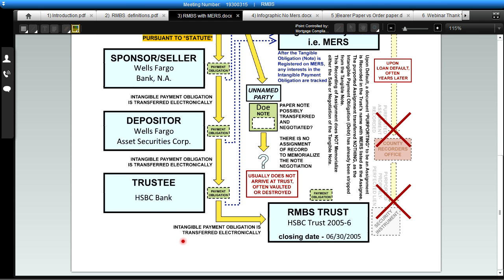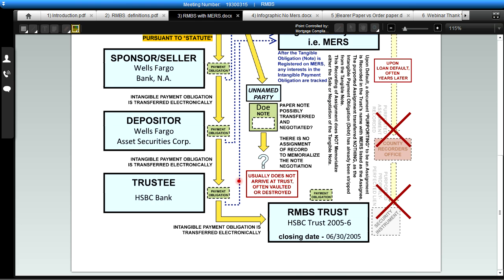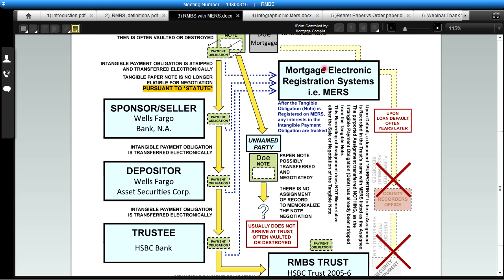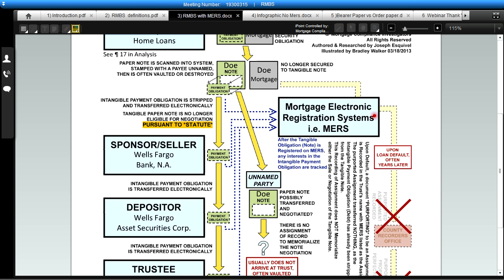So even though this purple line shows that all of this information has gone to MERS, it stays there. This is a private database. So even though there's thousands and thousands of members, it is not giving constructive notice to the world of what's happened.